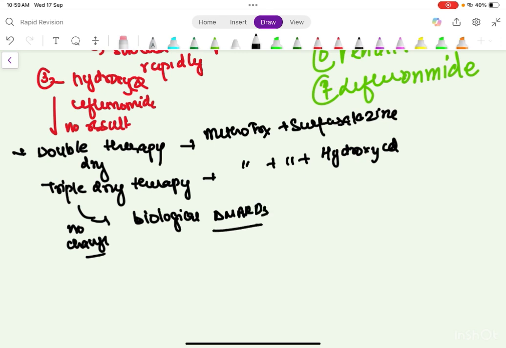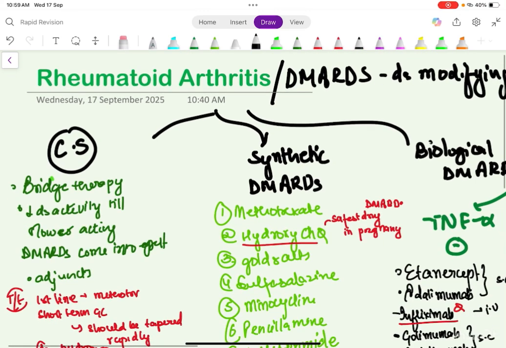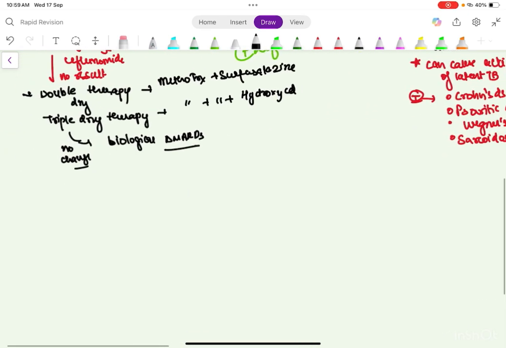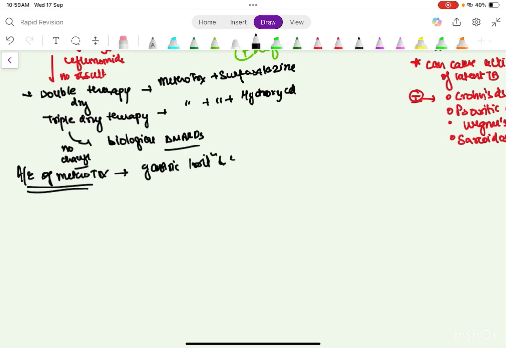Alright, so this is mostly about this, and then there's sometimes a question about the methotrexate adverse effects. So we'll write the adverse effects of methotrexate. It causes gastric irritation and stomatitis, it is hepatotoxic, causing fibrosis and cirrhosis, and it causes pancytopenia.